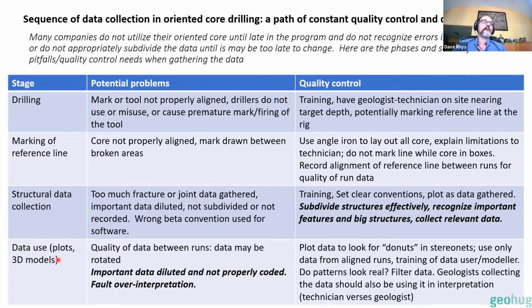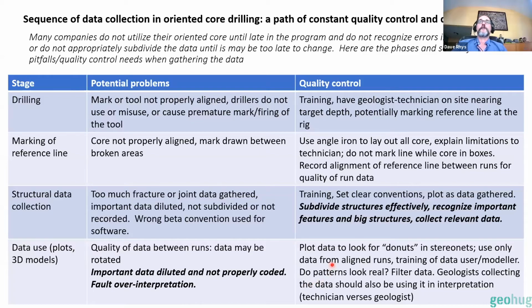Then we go to the next step, which is the use of the data in modeling. Part of that comes down to quality of the data itself. You want to use some of the better data, of course, if you have a low lock angle and you can say that the data is correlating between runs. But the other aspect here is that the important data, as I mentioned, is diluted, not properly coded, and faults are often overinterpreted.